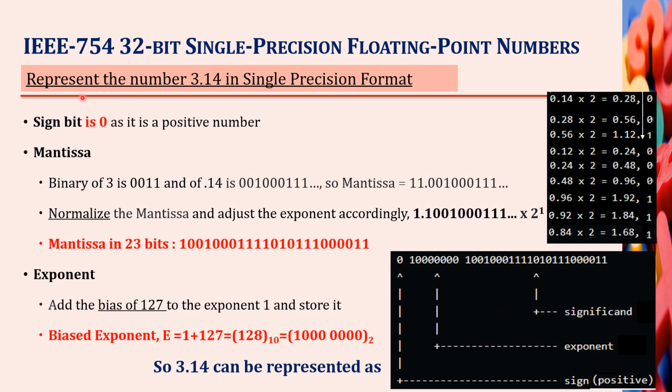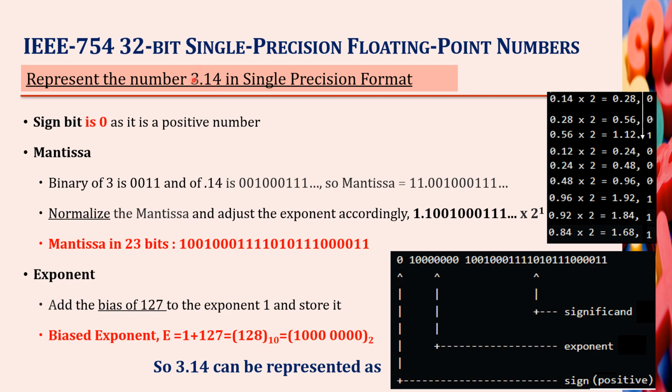Another example, we are representing the number 3.14 in single precision format. Here the number is in the decimal format, so first we need to convert this 3.14 into a binary value. This number is positive, so the sign bit is 0. Fine, so the first bit is 0. Then we need to represent 3.14 in its binary format.